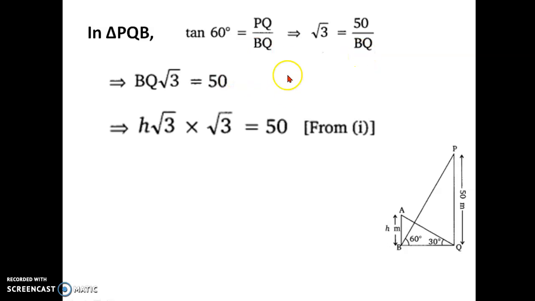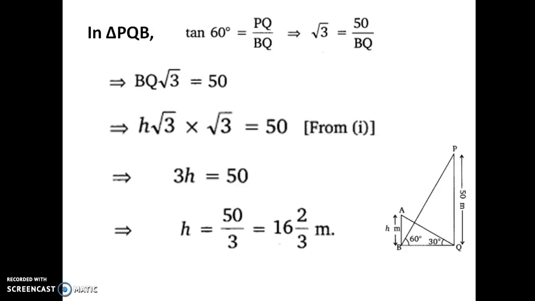So you have BQ root 3 equal to 50. Okay, so in the previous we found out BQ as h root 3. So h root 3 into root 3, because already you have root 3 here. So root 3 into root 3 is 3. So 3h equal to 50. h is equal to 50 by 3.